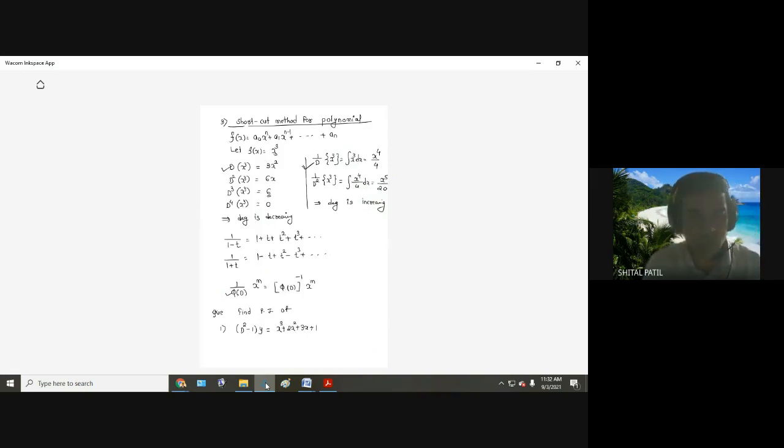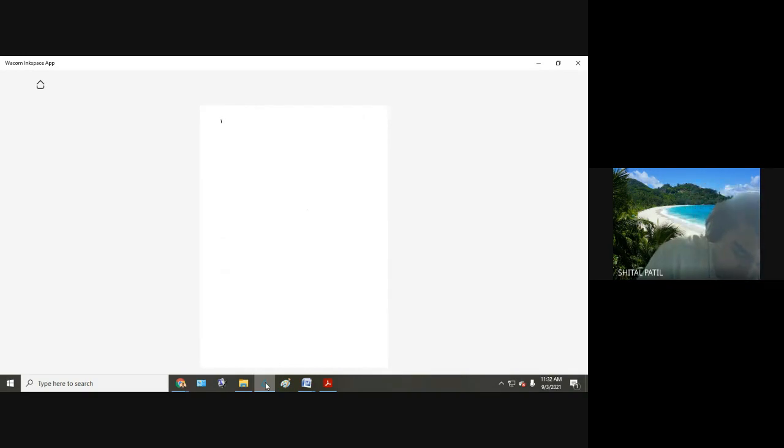So let me write it on the next page. Okay, so see, y of p is like this: 1 upon (D square minus 1) operated on x cube plus 2x square plus 3x plus 1.